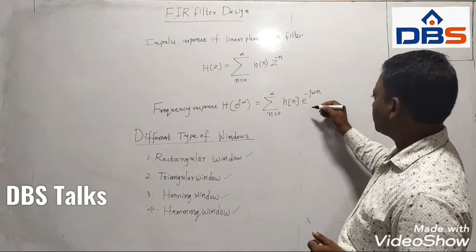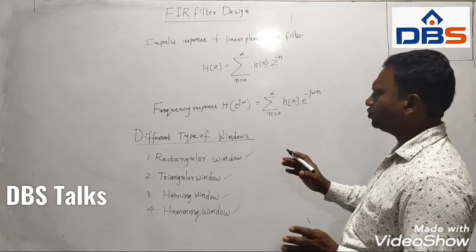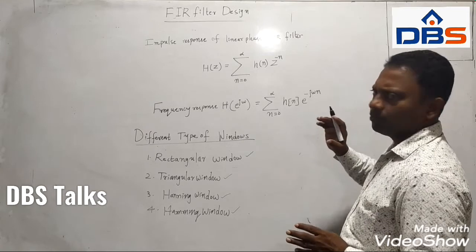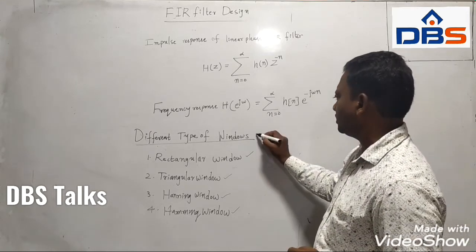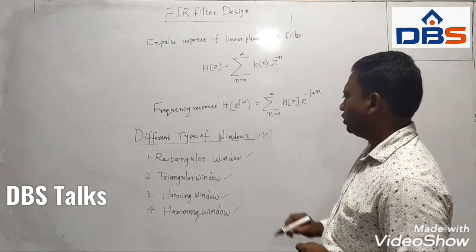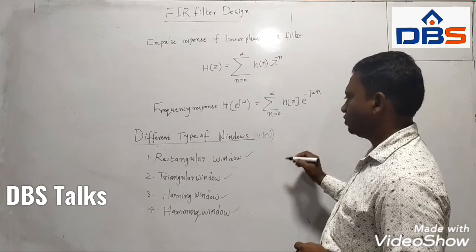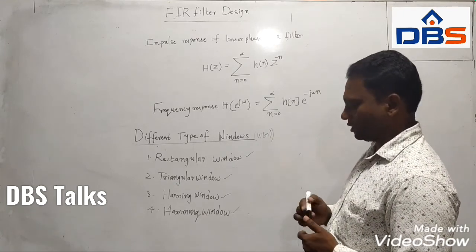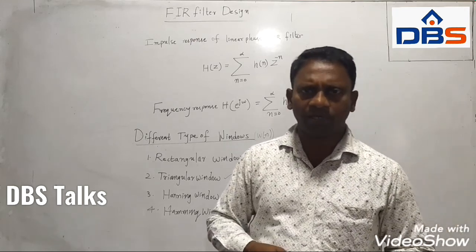What you have to remember is that to get a smooth transition, or smooth pass band and stop band, you multiply by these windows. Windows are generally represented by w of n. So you multiply h of n and w of n to get the windowing technique. That we will see in the next class. I will stop here. Thank you.